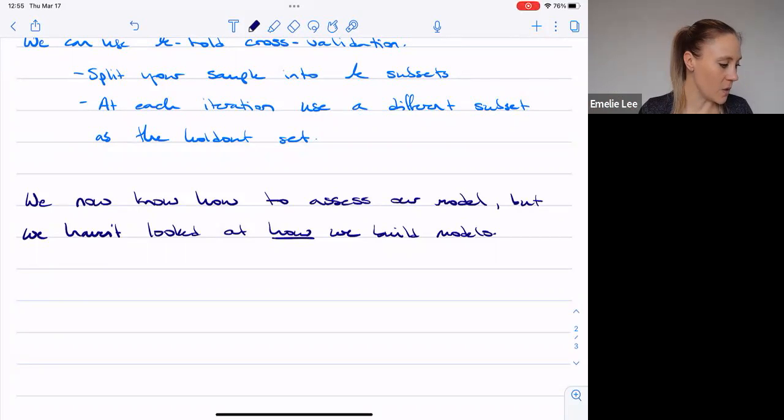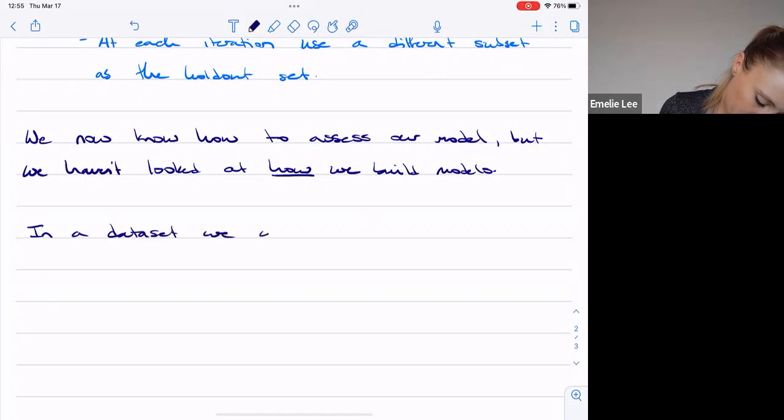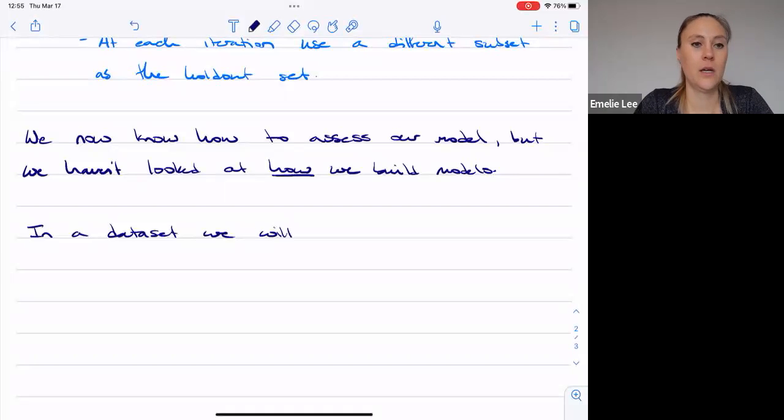Okay, and so in a data set, we will have a certain number of predictors, a certain number of features, or rather explanatory variables is the word I'm looking for.